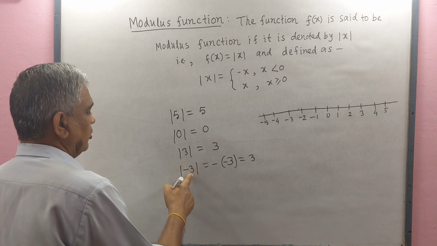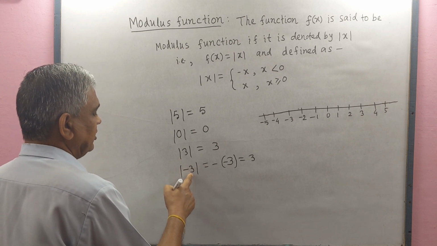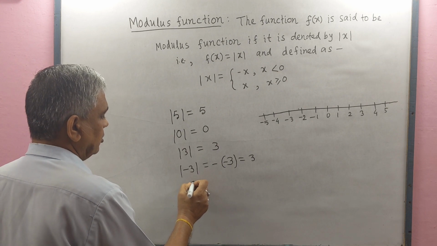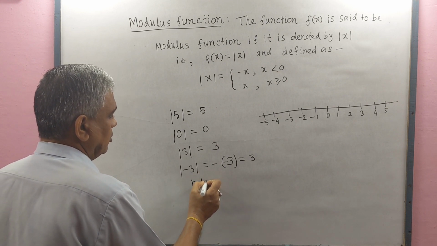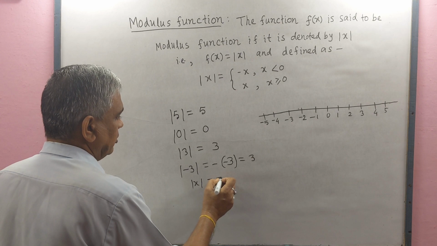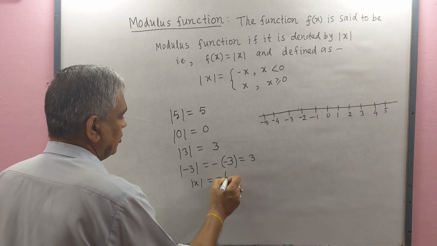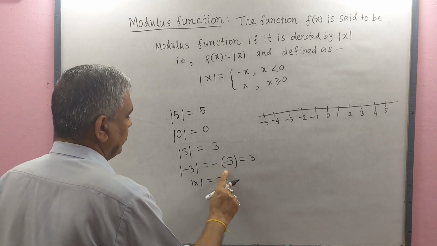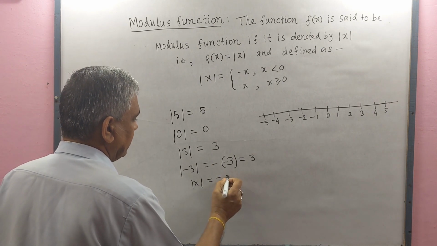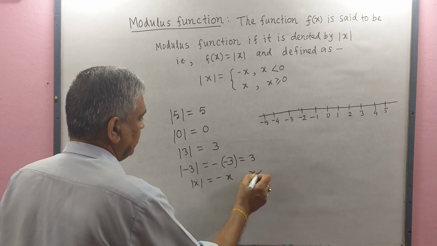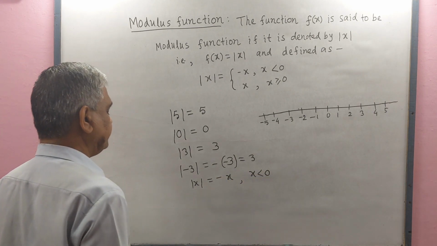So minus 3, if minus 3 is the x, that is less than 0, this is minus x, means x is less than 0.